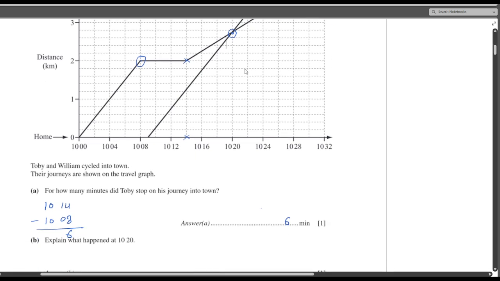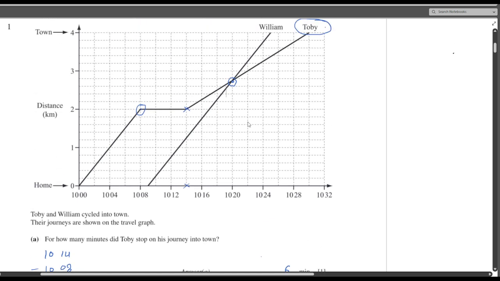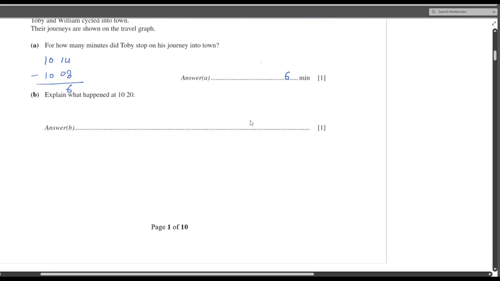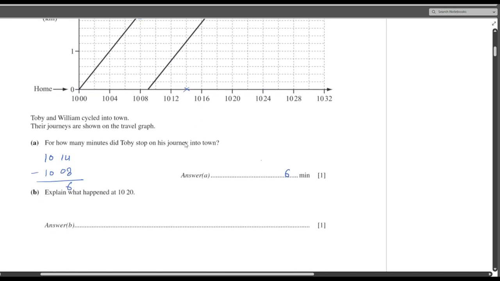Time is already given. So the answer for this question is that William and Toby meet each other, or they cross each other, or they travel the same distance. It is more than 2.5 kilometers, something like that.